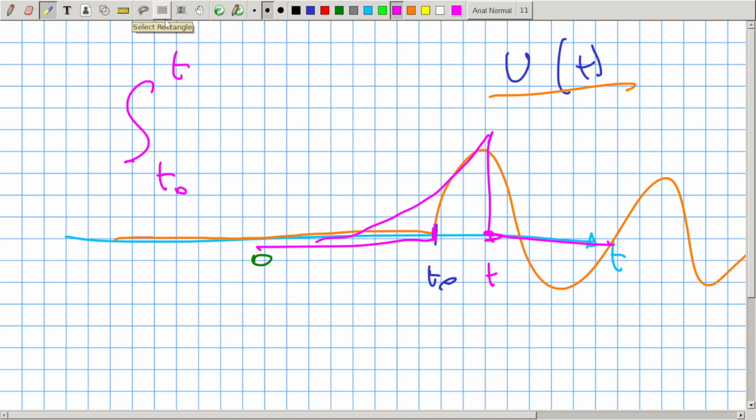This is somehow often why we have the integral that way. Theoretically, it's from minus infinity to plus infinity, okay? That is formally what is happening. But whenever we have these u equal to 0 before t0 and causal h, this collapses to t0, t.